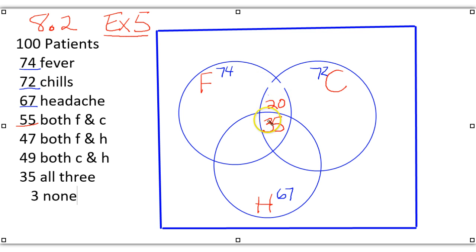Now let's go over here to those that had fever and headache. Fever and headache we know was 47.